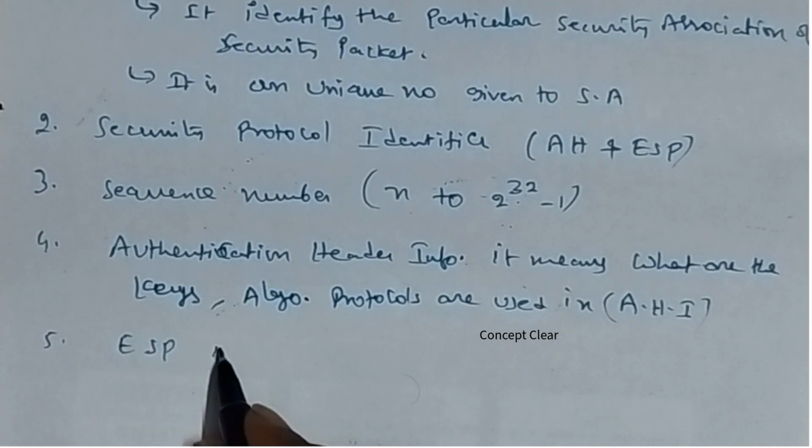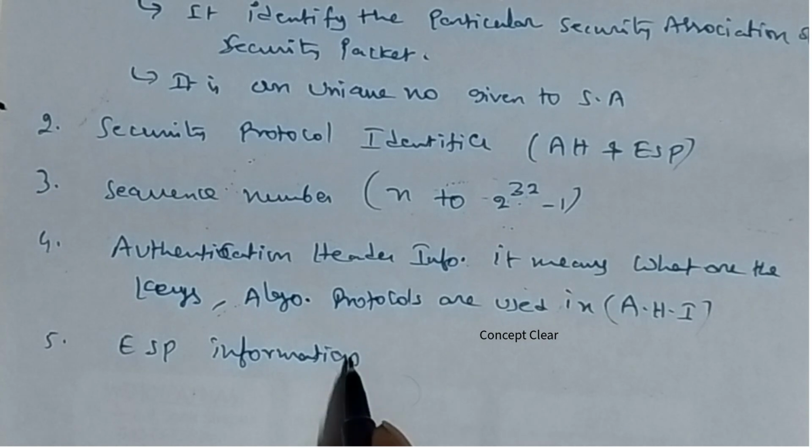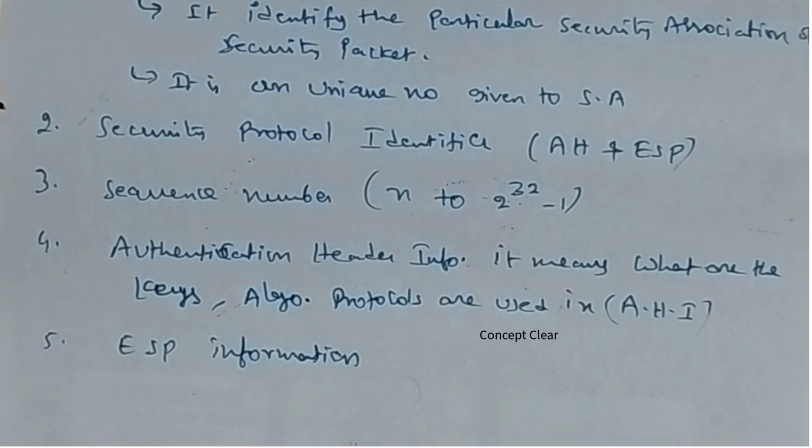Next one is ESP information. ESP information is also one of the parameters here. What is ESP? Encapsulating security payload information. The next one is the lifetime of the security association.